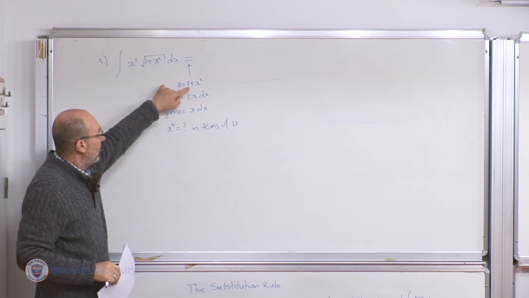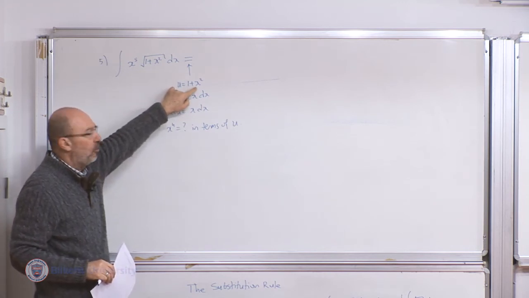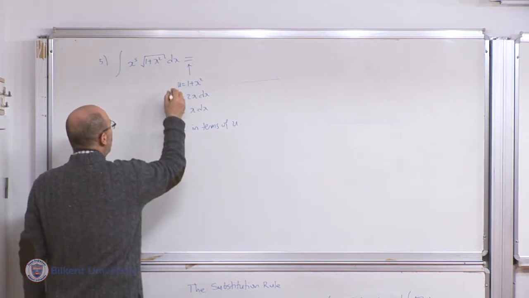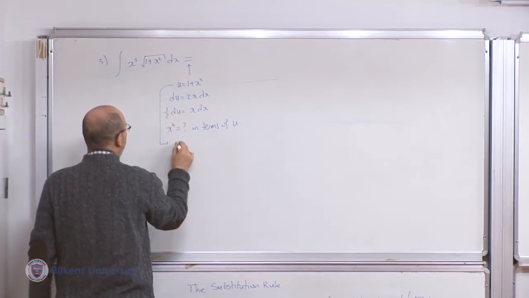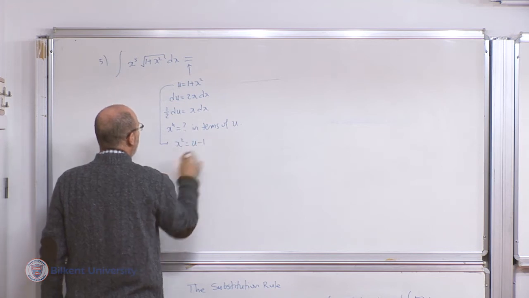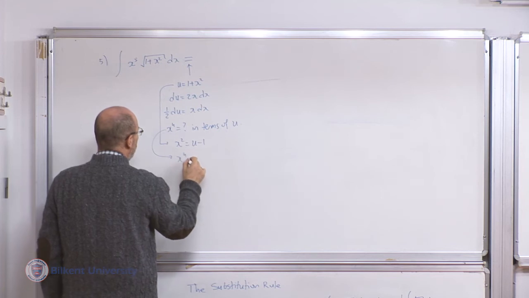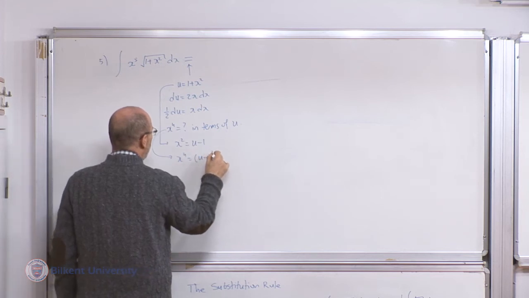So from here, we have x squared is equal to u minus 1, as your friend said. So x to the 4 is equal to u minus 1 squared.